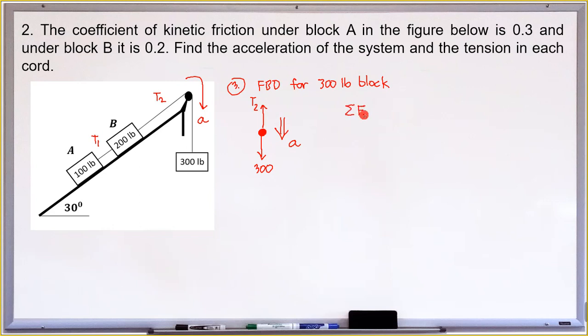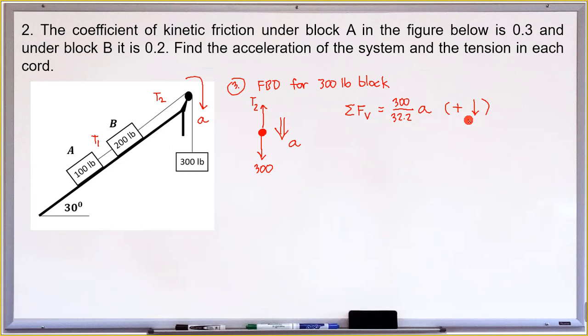So we take summation, no? Summation of forces along y or along the vertical should be equal to the mass, that is 300 over 32.2 times its acceleration. So here we take positive if downward. So why downward, sir? Because that is the direction of our motion.